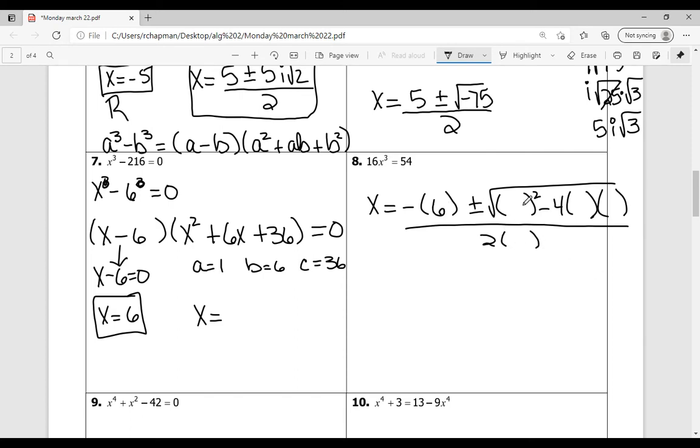So B goes in first, A, and then C goes in last. Check for double negatives. Multiply out your denominator. That's the easy part. And then the rest of your time is going to be spent on that radical.